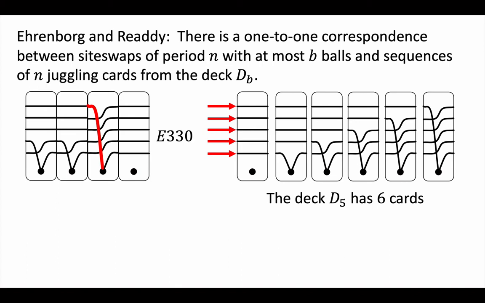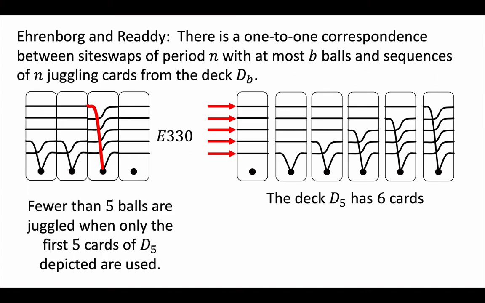And the reason we know it's a 5-ball siteswap is because we have that top path falling down. It turns out that as long as you have that particular card, you will have a 5-ball siteswap. And if you don't have that particular card, you'll have fewer than 5 balls. So fewer than 5 balls are juggled when we only use the first 5 cards from the deck D sub 5. So let's do just a little preliminary counting and then we'll generalize.